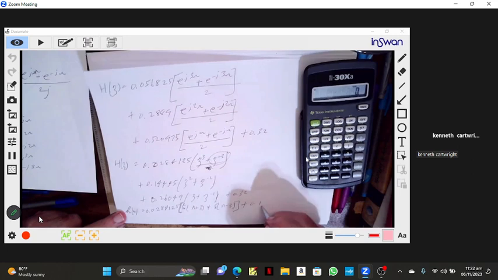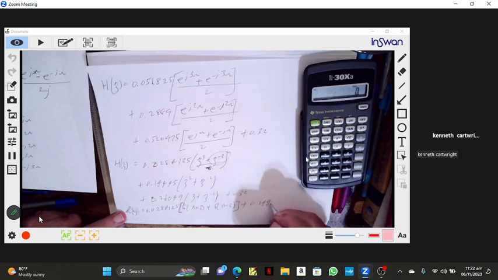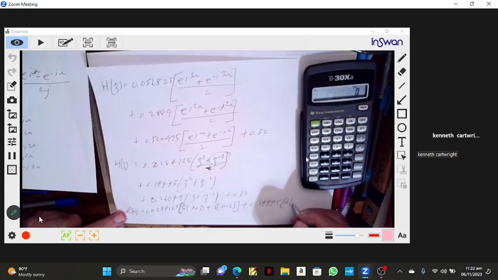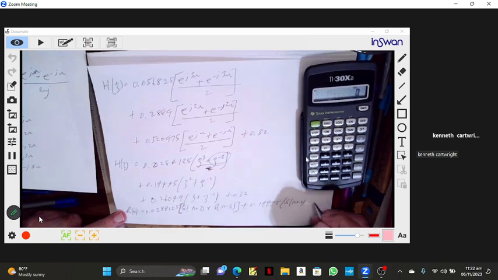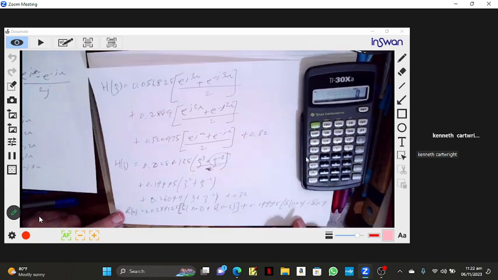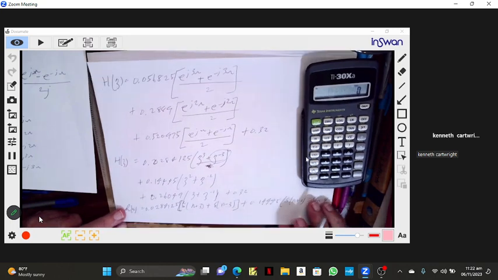Plus 0.14445 of delta of n plus 2 plus delta of n minus 2. Okay.